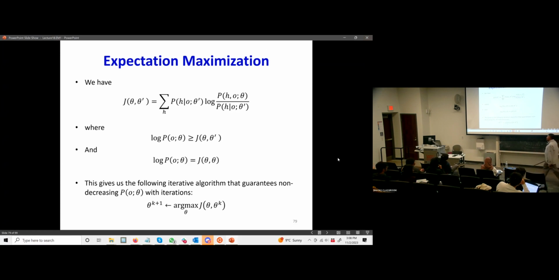And it's the expectation over the conditional distribution of H given O when the parameter value is theta prime of log of P of H comma O divided by P of H given O at theta prime. And we have the fact that the actual log likelihood is lower bounded by this. And when theta and theta prime are identical, this is actually the log likelihood that you're interested in.